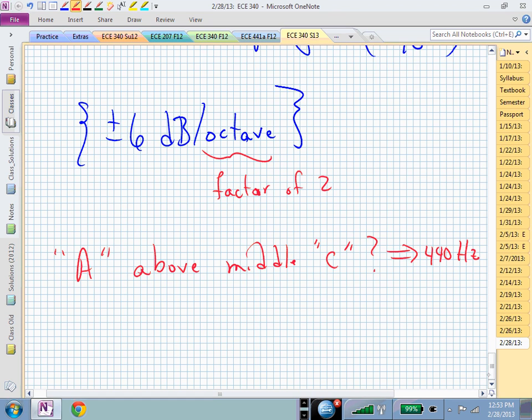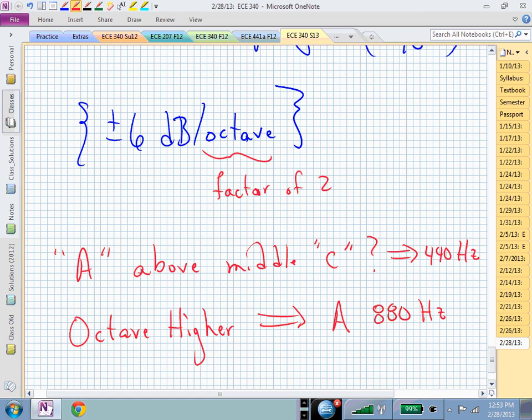If we now wanted to go an octave higher, now we have the A above middle C, and that A would be at 880 hertz. If we could sing, we could all, but I kind of have a congested voice, so I won't sing today. Yay! But that's a change of an octave, a factor of 2.